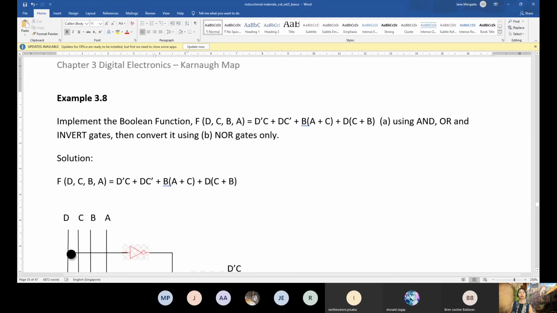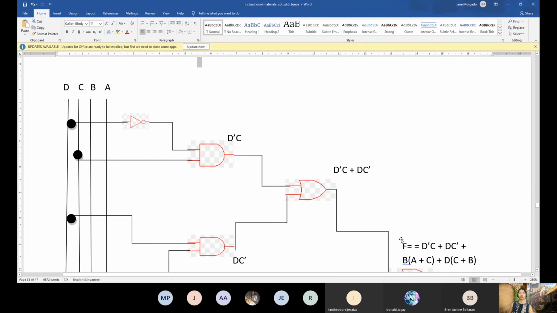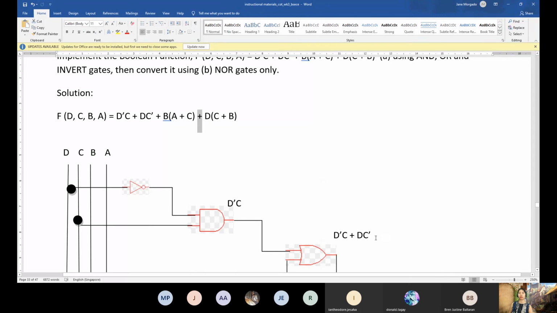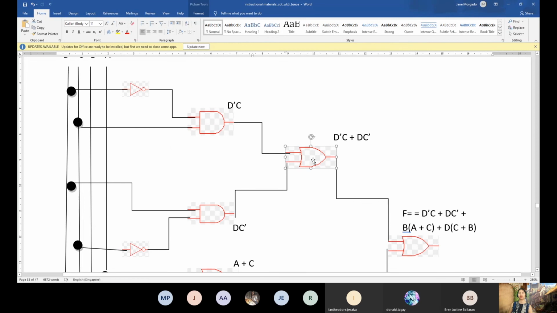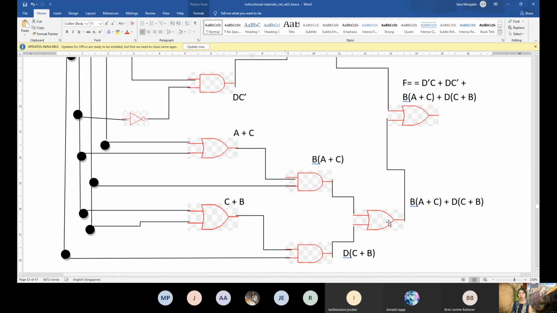Then we have OR, to put the terms together, so we have D prime C plus DC prime. The output of D prime C is being inputted to an OR as well as DC prime. And then we have B times A plus C plus D times C plus B.